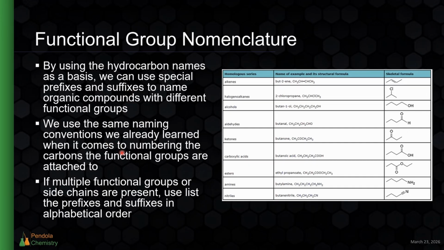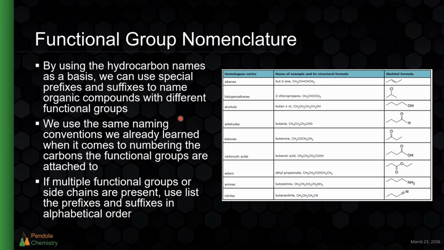We're going to use the same naming conventions, but we're going to add prefixes or suffixes for functional groups, depending on what the functional group is. So each individual functional group has its own unique alteration that we do based on what the functional group is.